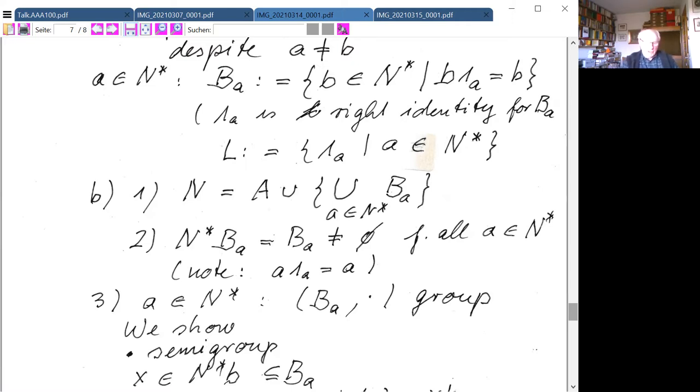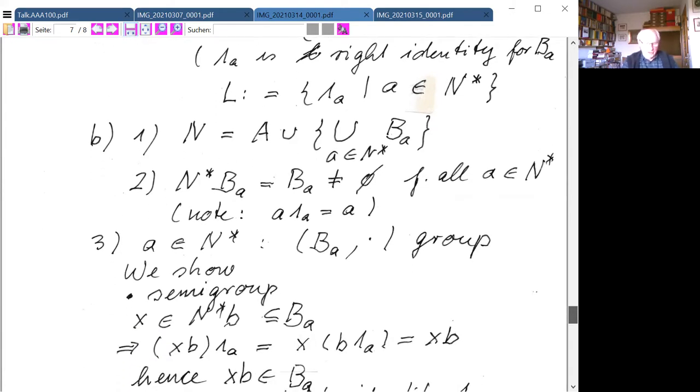Now we have a few properties of equal weight. I think 3 could be well named C, but now let it be. It is clear that since A is always in B sub A, and the union of all B sub A for A in N star is N star, we have this one that's absolutely trivial.